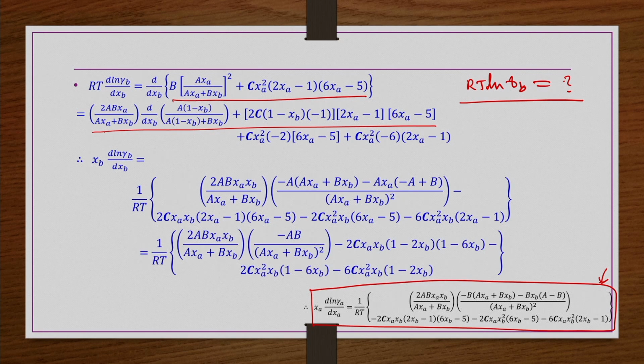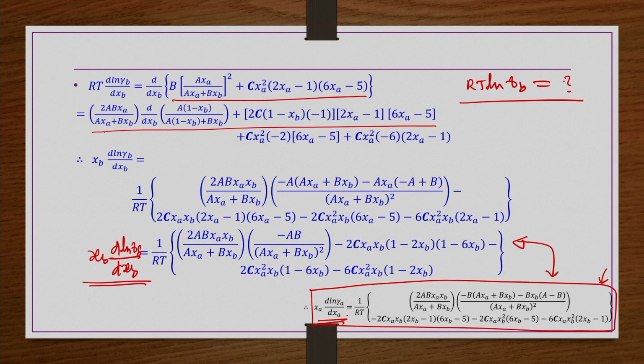Then you have this term, which is nothing but xb dln gamma B by dxb. Now, by comparing these two equations, this is xb dln gamma B by dxb and this is xa dln gamma A by dxa, which we derived on the previous slide.